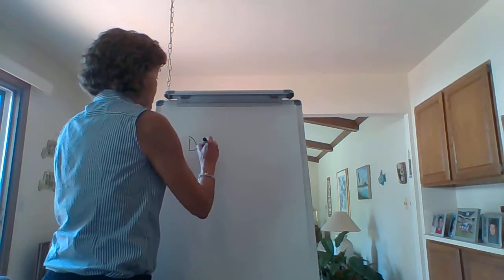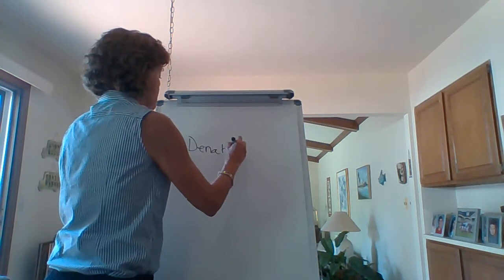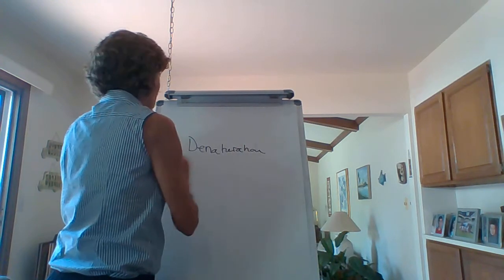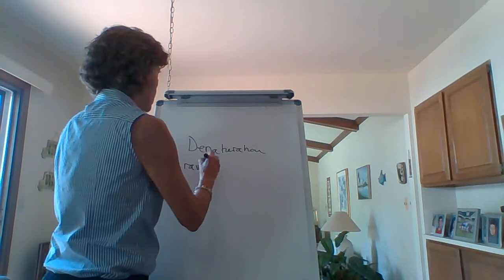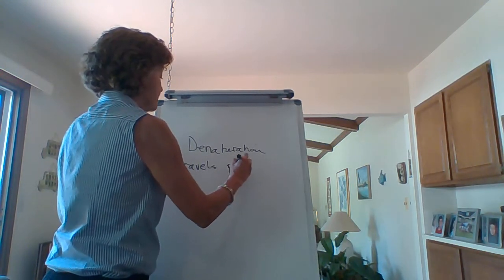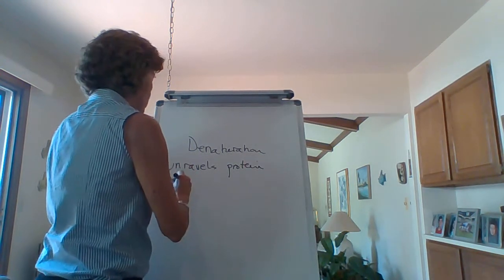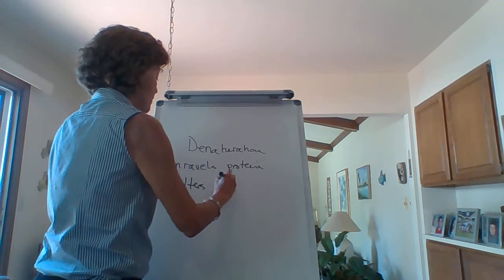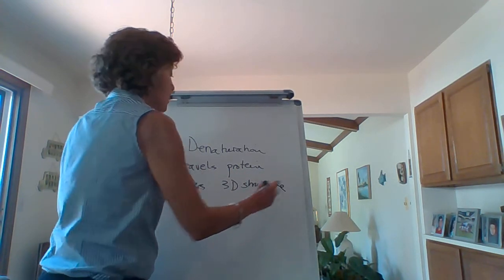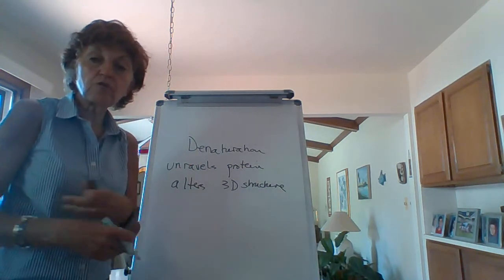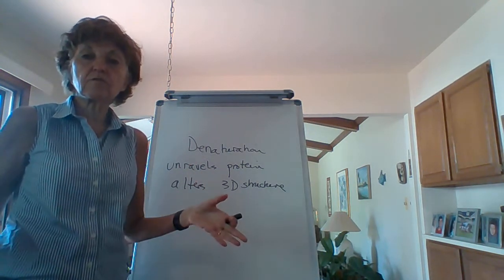So denaturation basically unravels the protein, and it basically alters the 3D structure. When you denature a protein, you usually have messed up its function, okay?